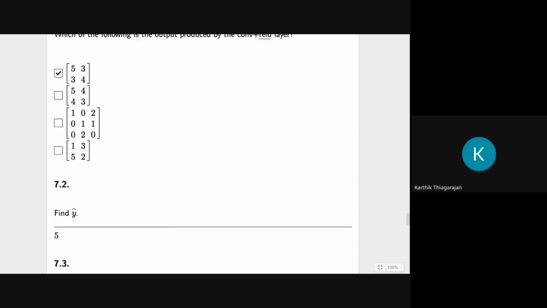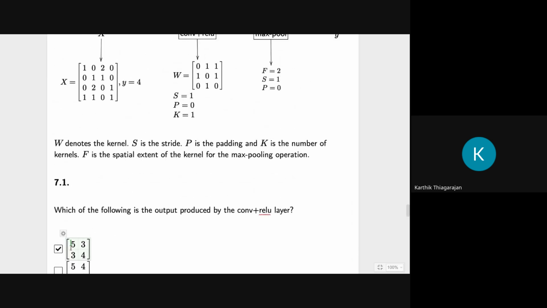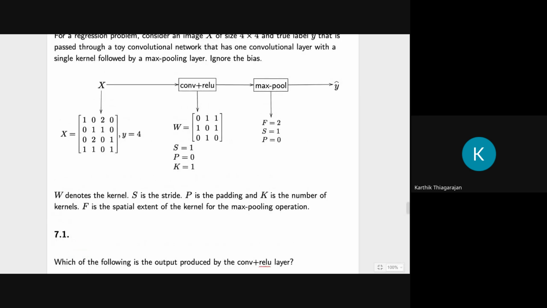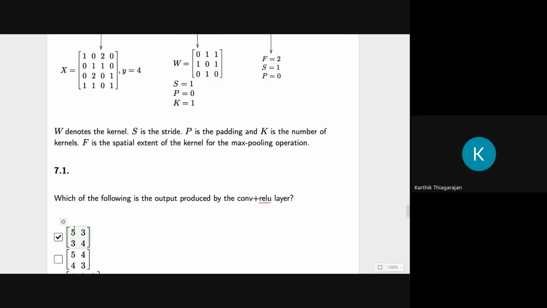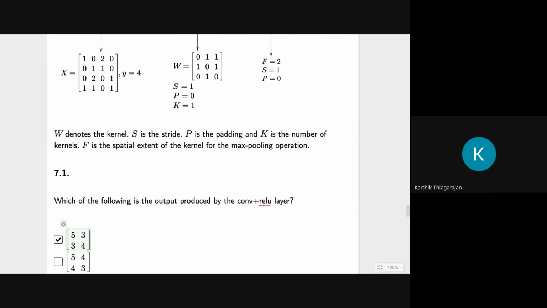Now if you go back, the only thing that matters is the first activation that comes out of my convolution operation. This is the only entry that I care about now, because everything else is going to be irrelevant. So what contributes to this phi? How do I get this phi?